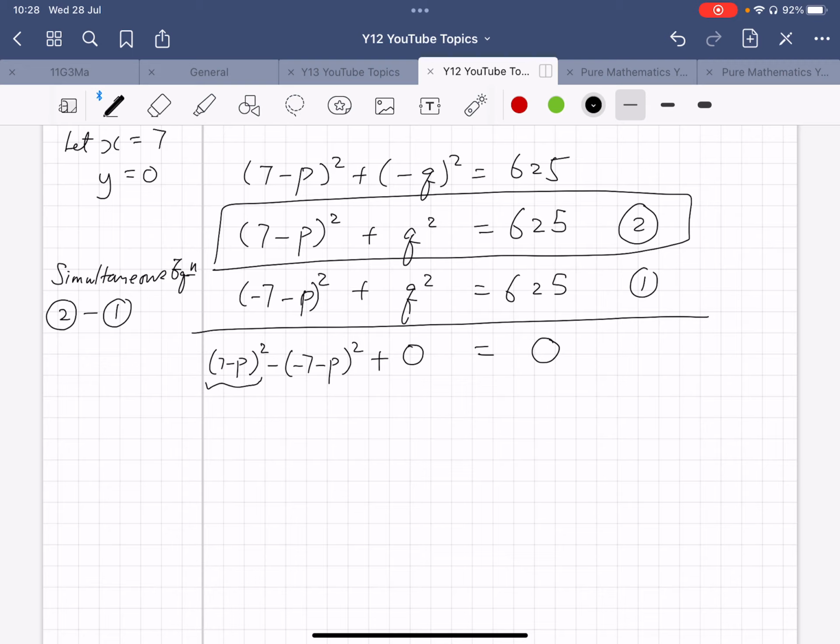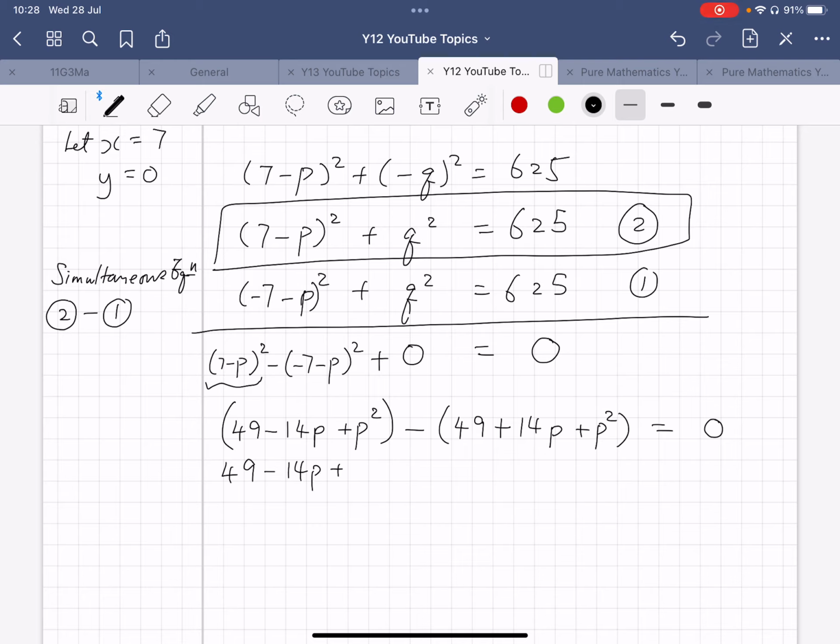So expanding this bit will give me 49 minus 14p plus p squared, minus 49 plus 14p plus p squared. All of that is equal to 0.